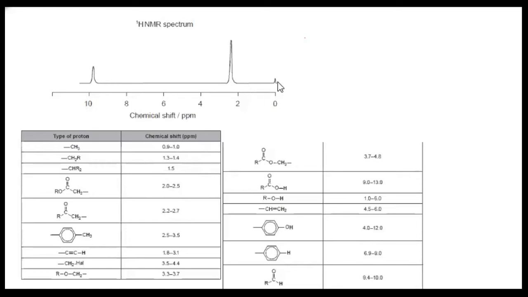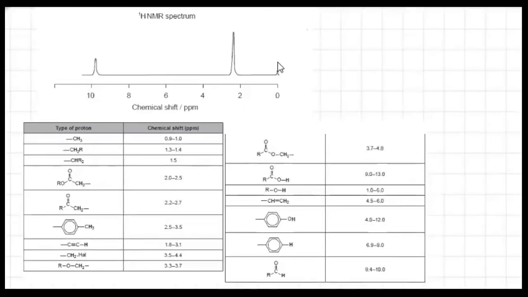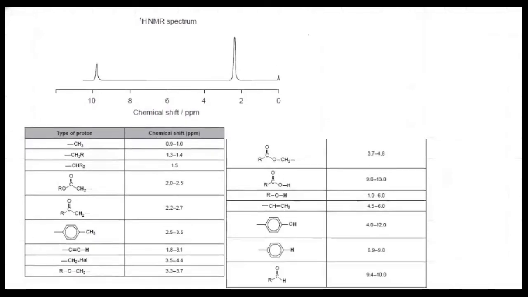In this graph, you have a peak at 0. This corresponds to the reference, which is TMS, tetramethylsilane. That is not corresponding to our compound, so we need not worry about it.